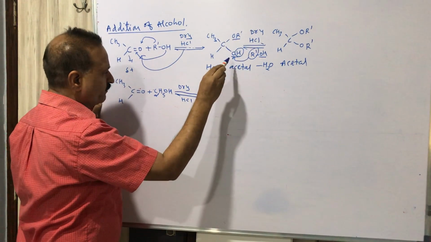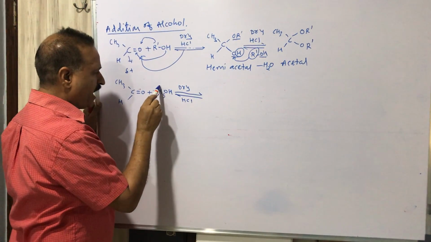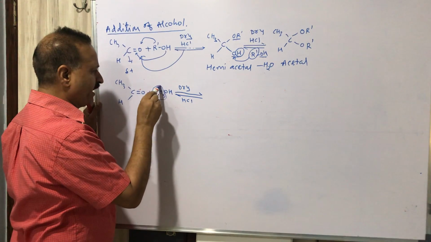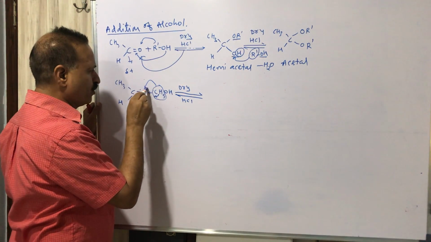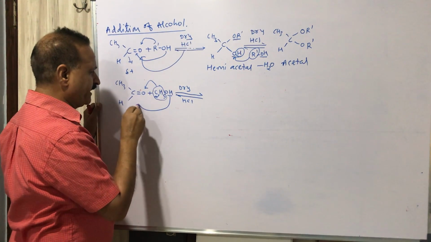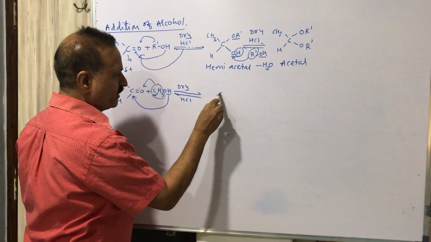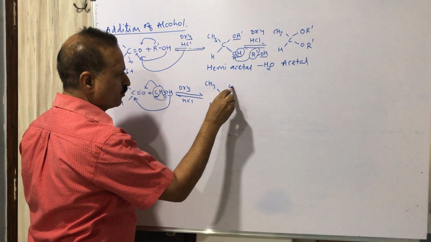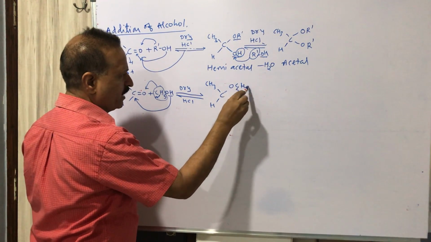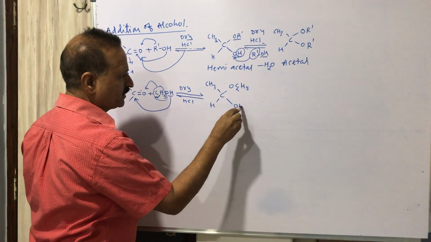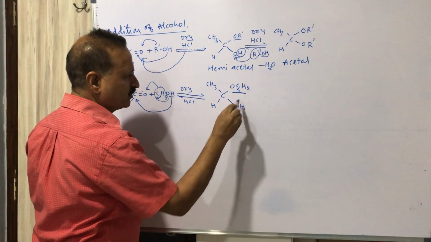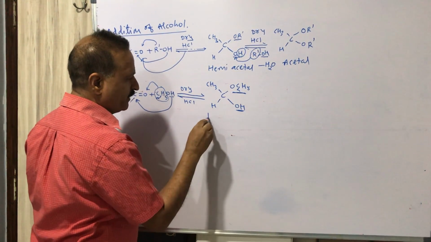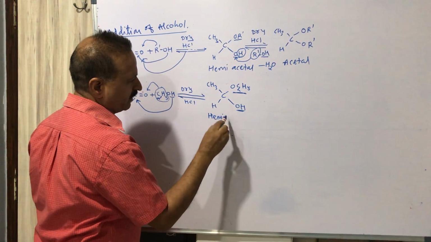According to this equation, R is C2H5, which will attach to O, and OH will attach to carbon. So we have this intermediate product, with OC2H5 and OH. Monoalkoxy alcohol means hemiacetal.